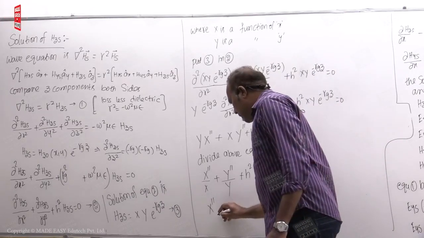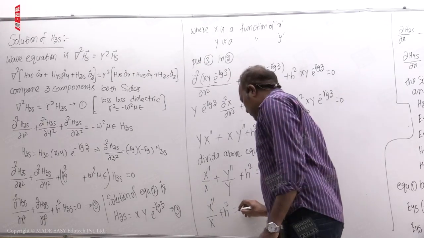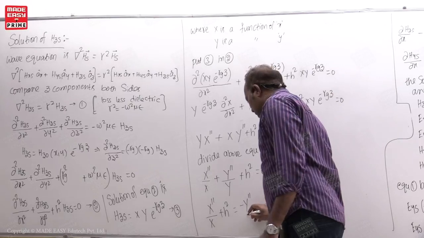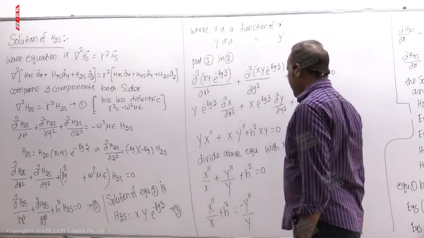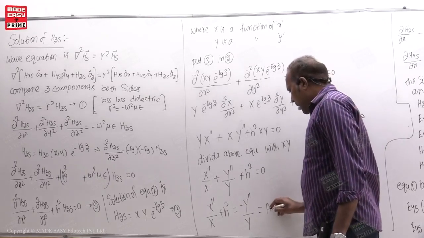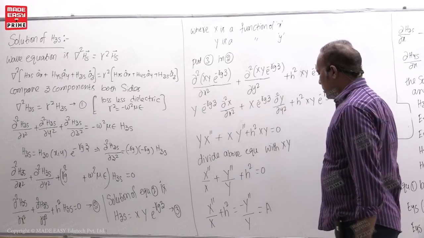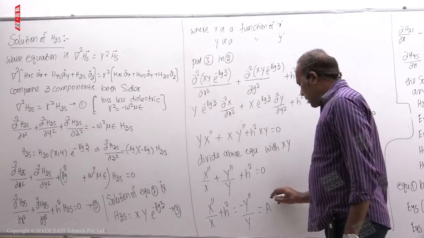Now X double dash divided by capital X plus h square is equal to minus of Y double dash by Y. It is taken as some constant, some constant square.